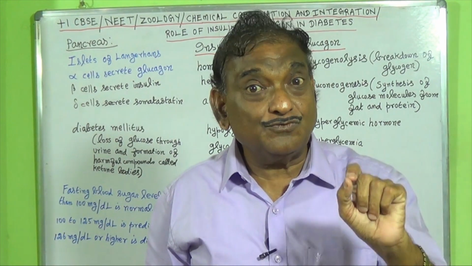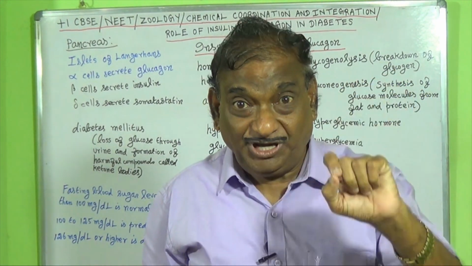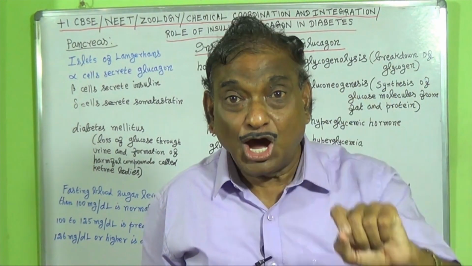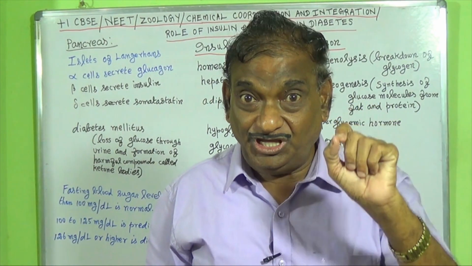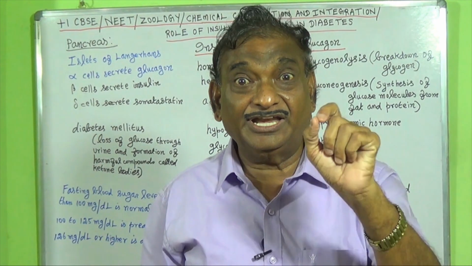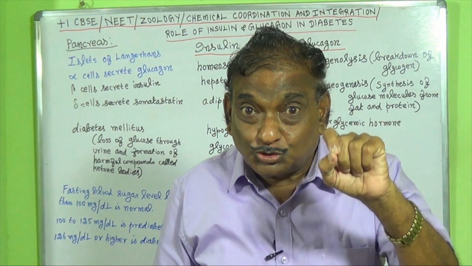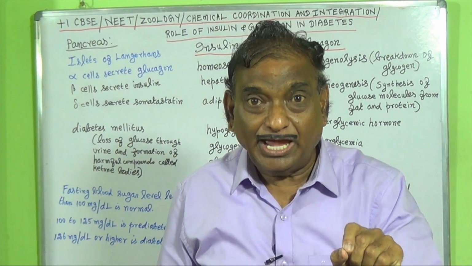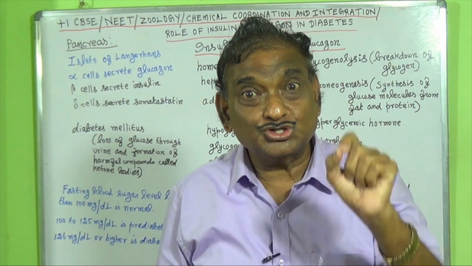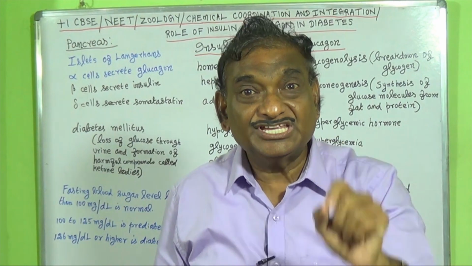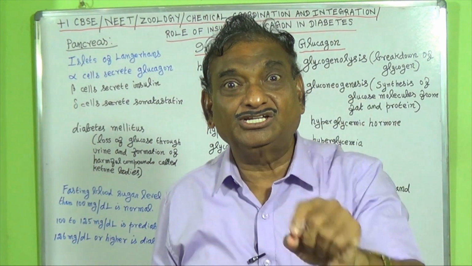In the case of type 1 diabetes and in the case of type 2 diabetes, the patients should eat a sugar-free diet. Then we are going to see about the somatostatin hormone. This somatostatin hormone is secreted by the delta cells.